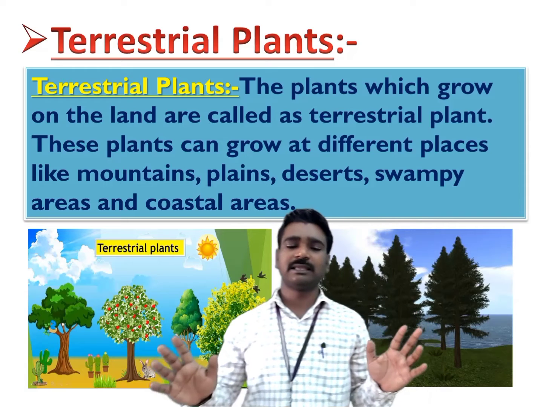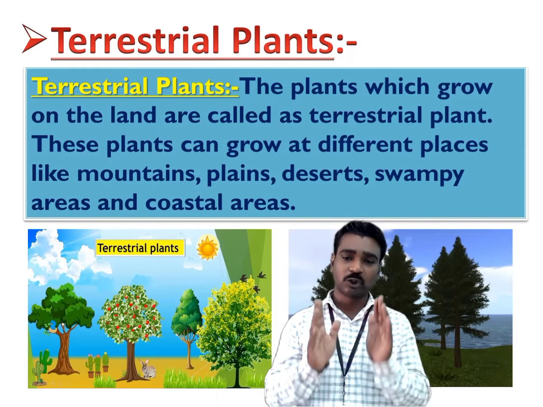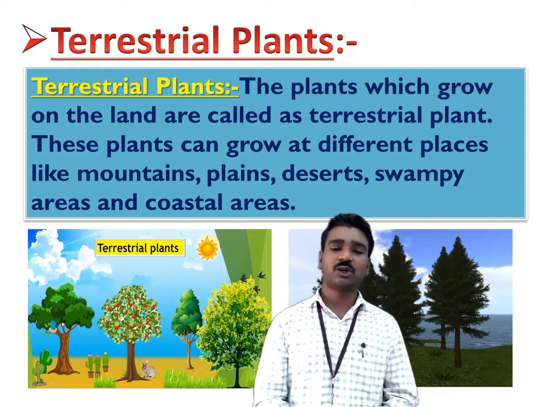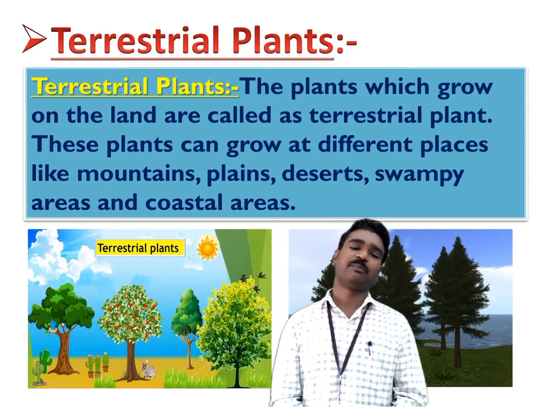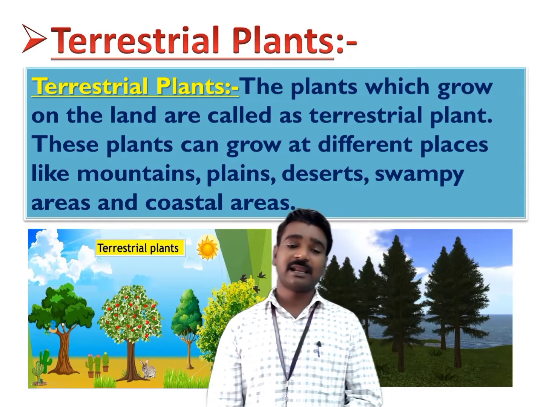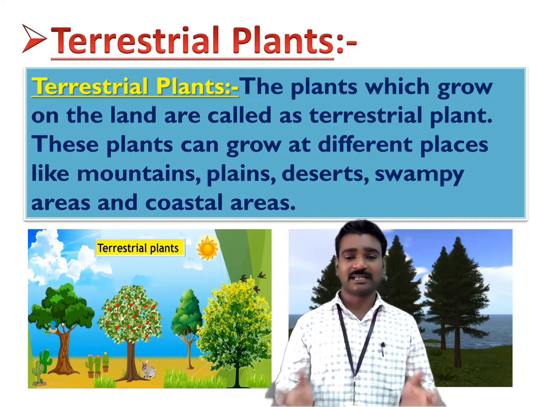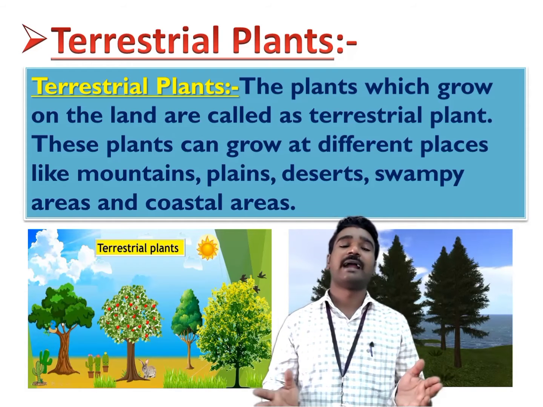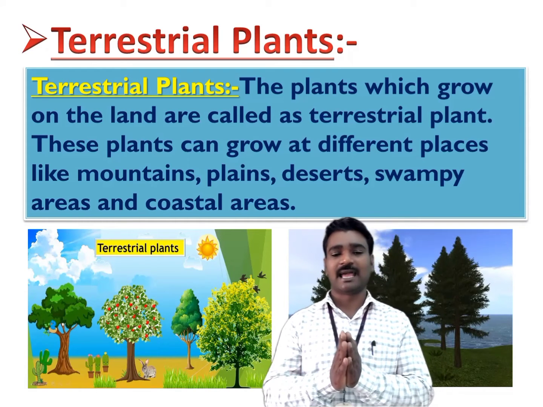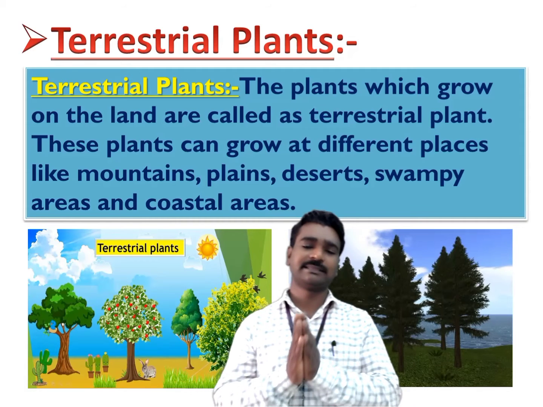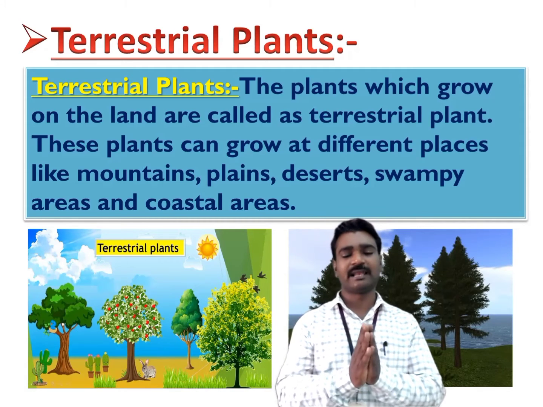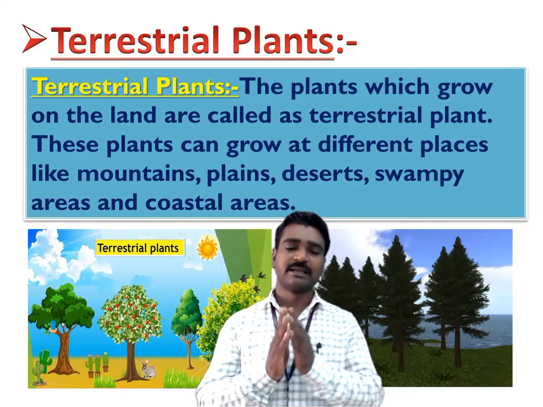All these are land forms. So the plants which grow on the land are called terrestrial plants, and they grow at different places like mountains, plains, deserts, swampy areas and coastal areas.